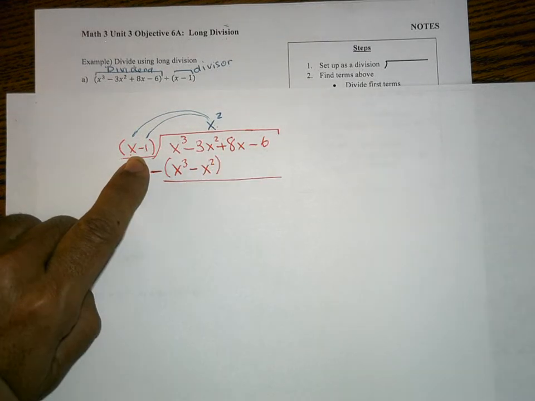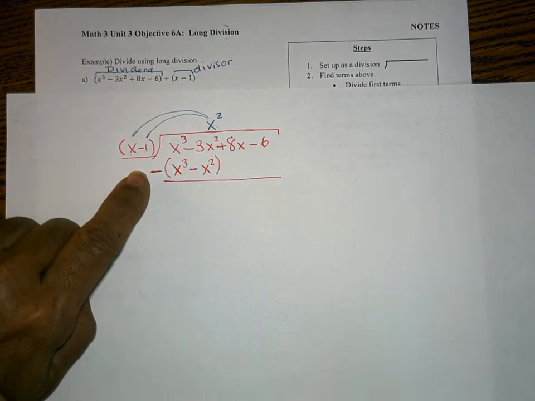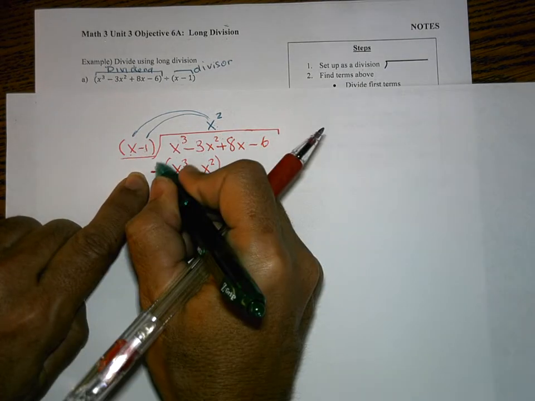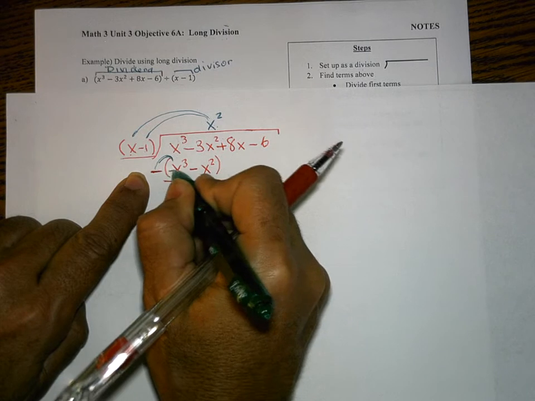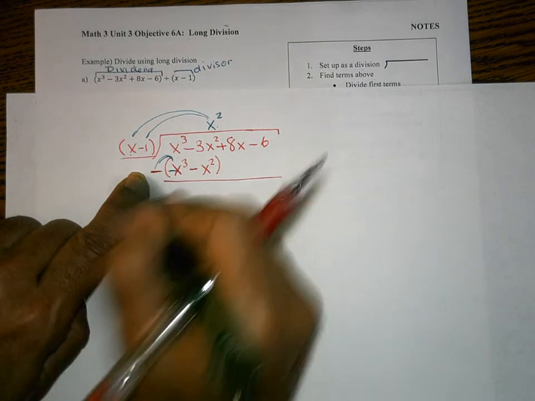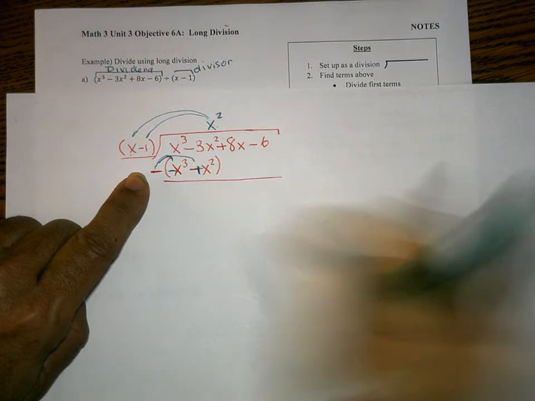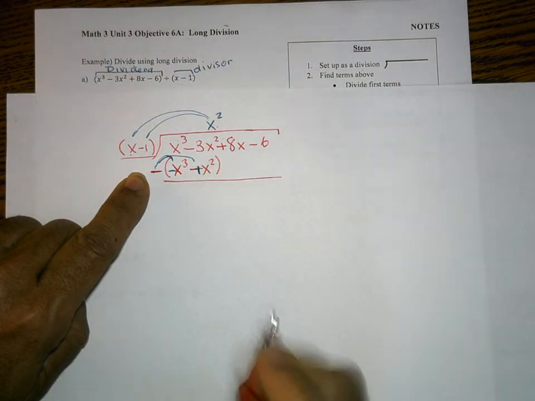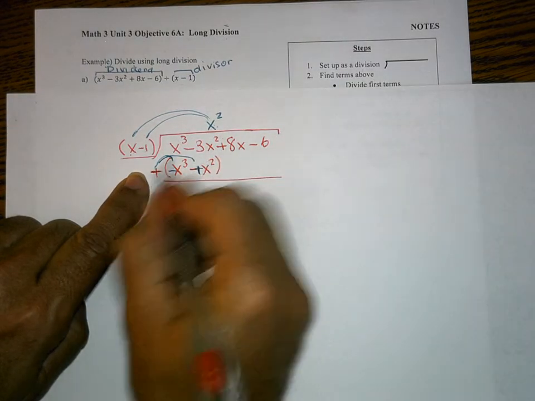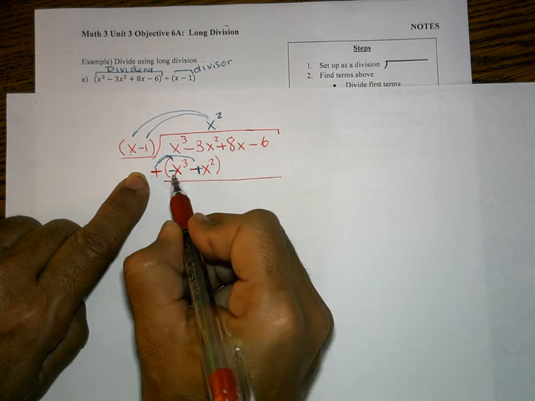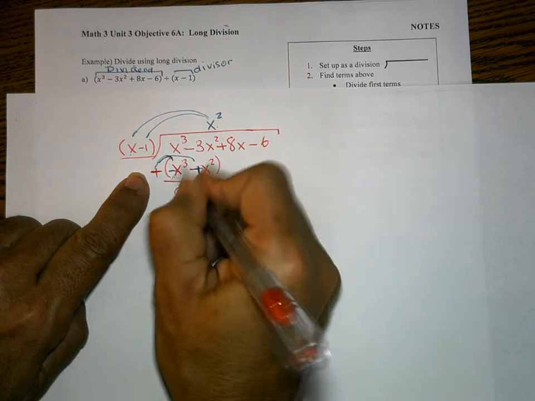There we go. Now remember I said let's distribute the negative. So we're going to distribute the negative here. It's going to make a negative x cubed, but we have to distribute here too. So now it's going to make it a positive x squared. So I'm adding x cubed plus a negative x cubed, which is 0. So that one is done.